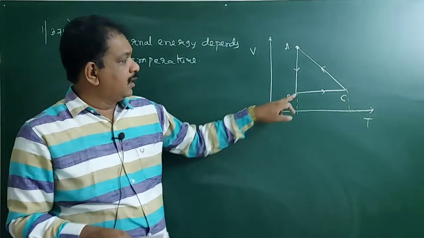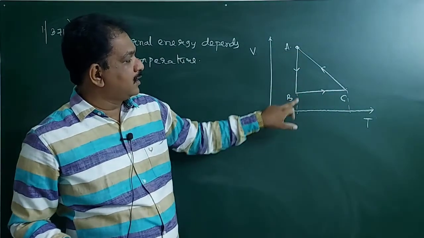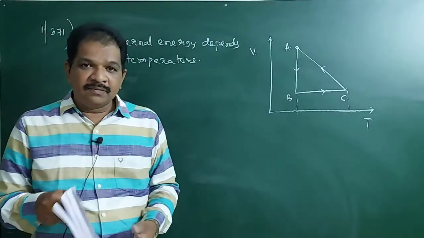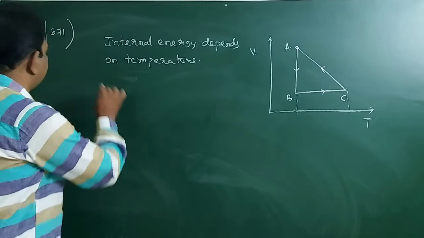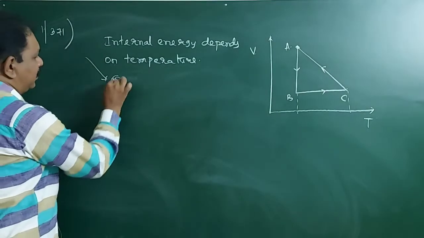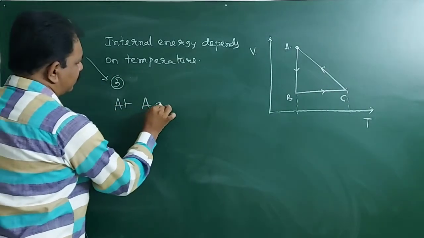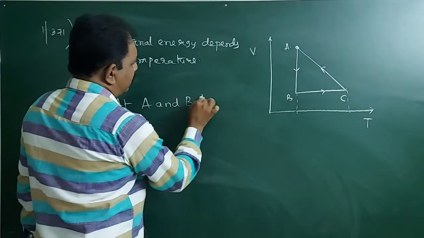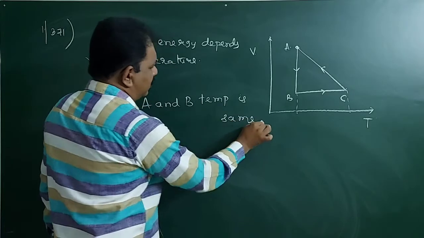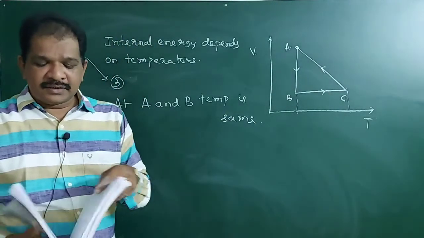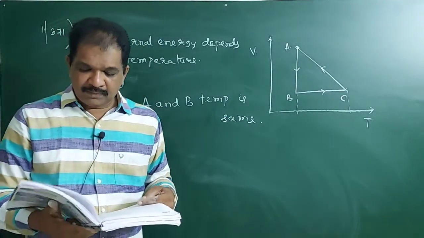At B more than A, no, because both are at the same temperature and have the same internal energy. So the third option will be the answer. At A and B, temperature is the same, so internal energy is the same.